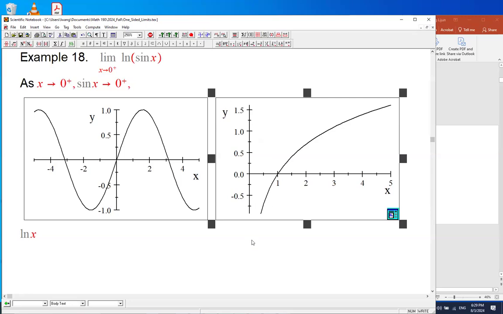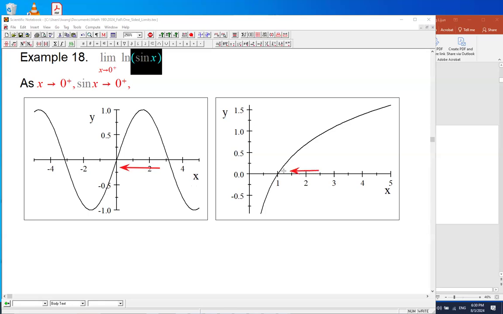All right, so this direction is negative infinity. So you can see as x approaches 0 from larger than 0, that's in the domain of ln x, right? So now sine x is approaching 0 from larger than 0, and the natural log of something like that is going to approach negative infinity.